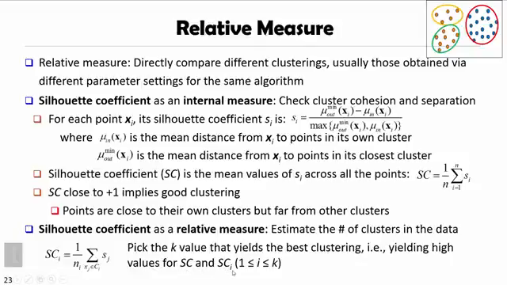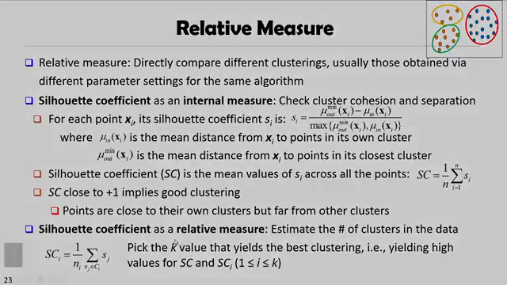For example, you can think about having done a lot of clusterings for all the k values, and you want to see which one gives you the best clustering. That means which one gives you the highest silhouette coefficient. Then you can pick that instantiation, pick that k. So that's the usage of the silhouette coefficient as a relative measure.